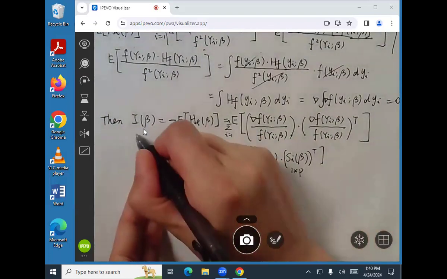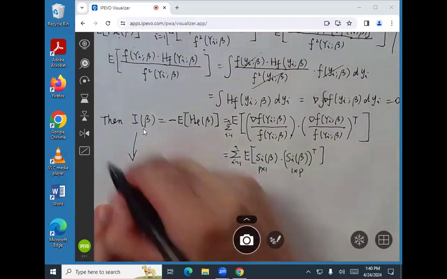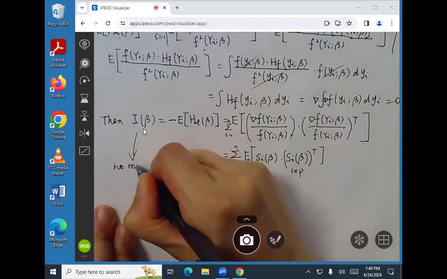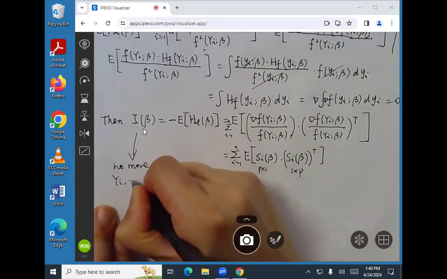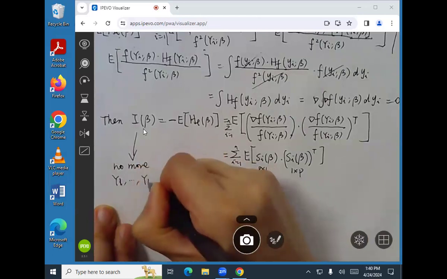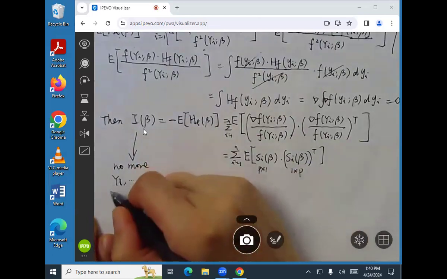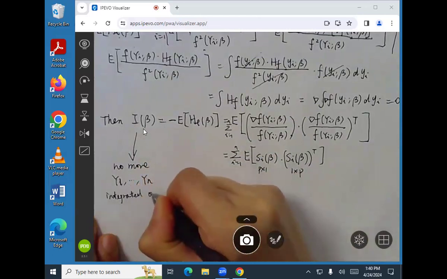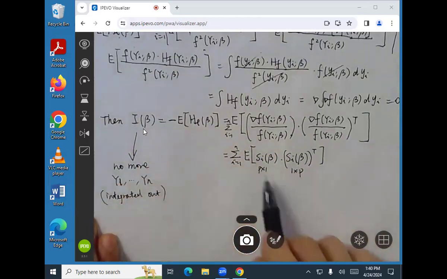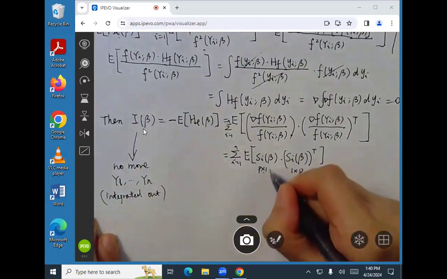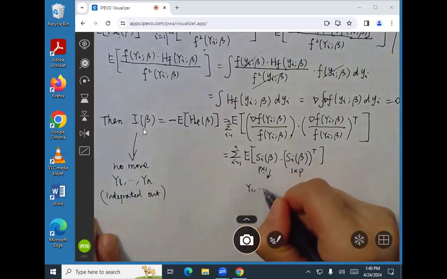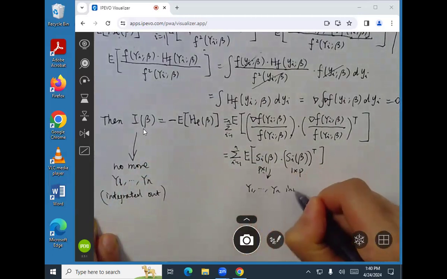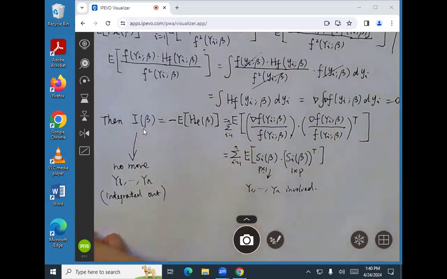That's the key thing. So there are no more y1 to yn here, they are integrated out during the expectation. But in the Si part, we still have y1 to yn involved. So we should be very clear about that.